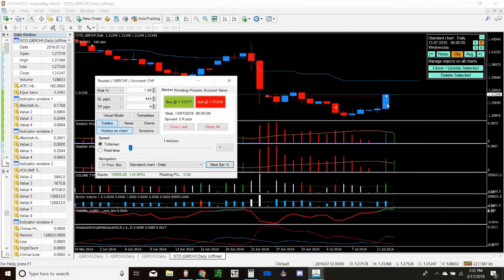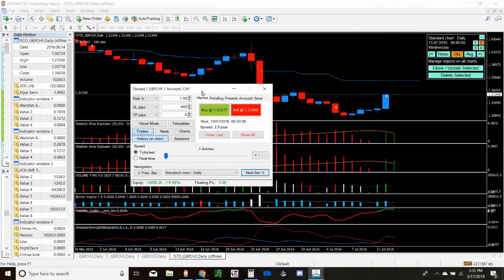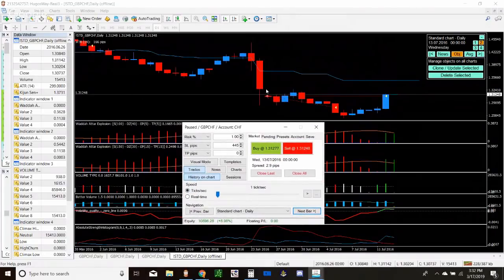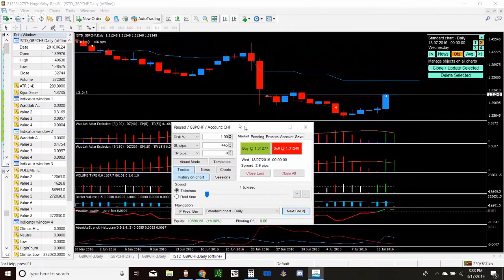Satan 4000, wouldn't you be in danger of not letting the trade breathe? Possibly, if you have a bigger candle like that, maybe. It's hard to say though, because we don't know why that candle happened. Because I mean, here we gap down to the next candle. So I don't know what happened there.